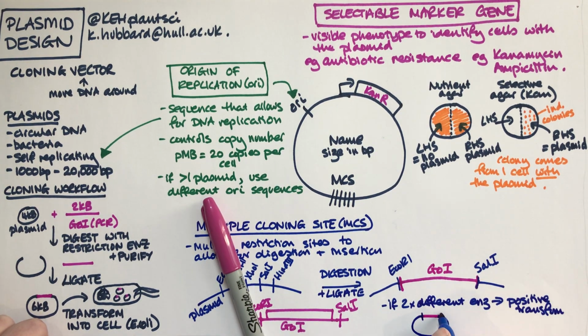Because we've got two, I'm just going to call them A there and B. We've got two different restriction enzymes, so in this case A is EcoRI, B is SalI.